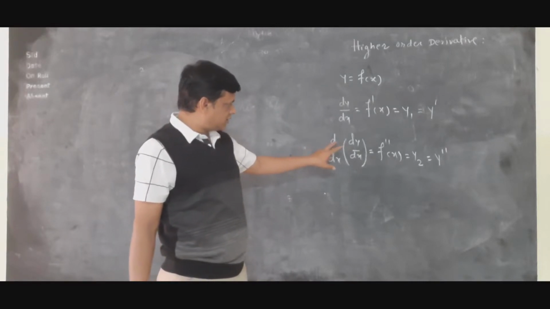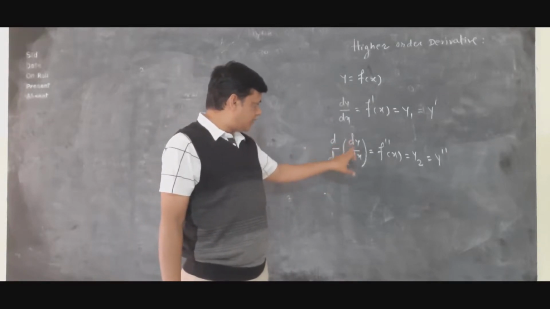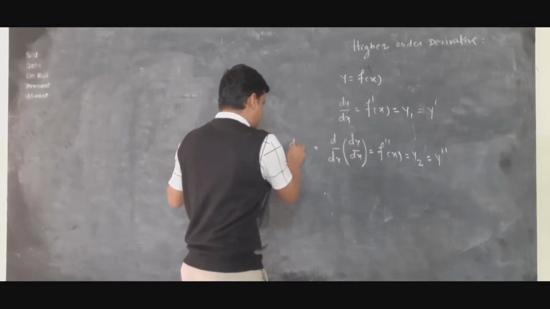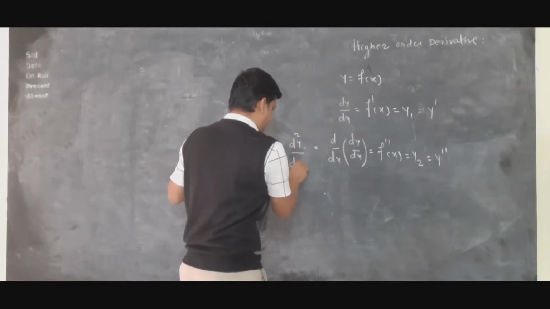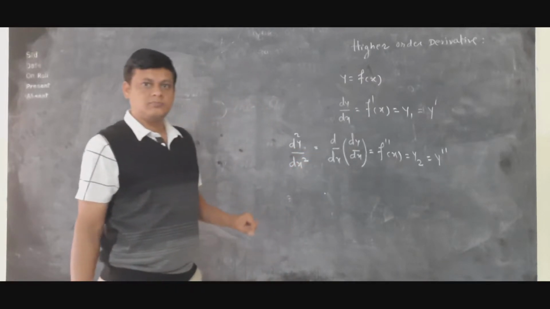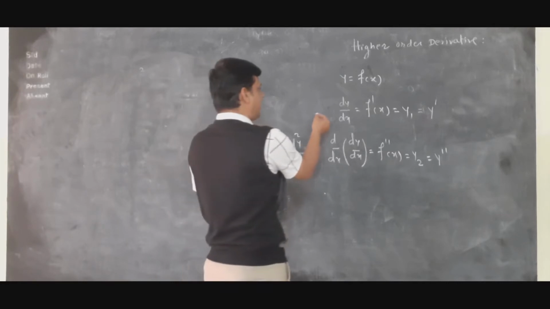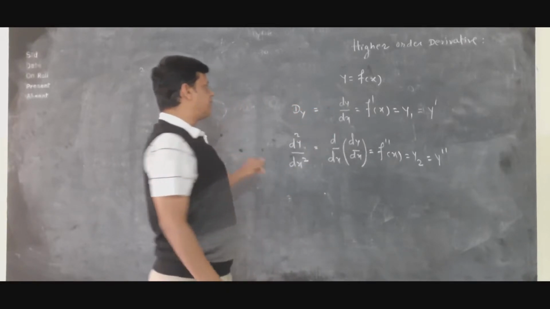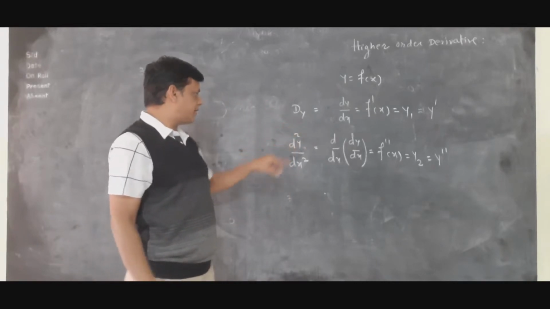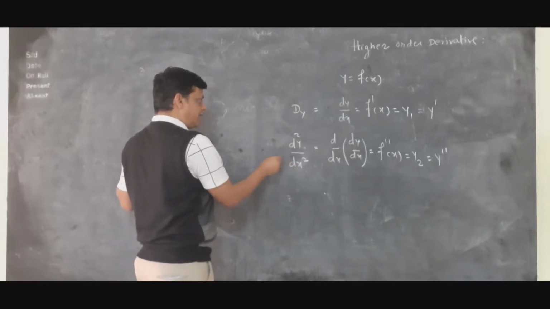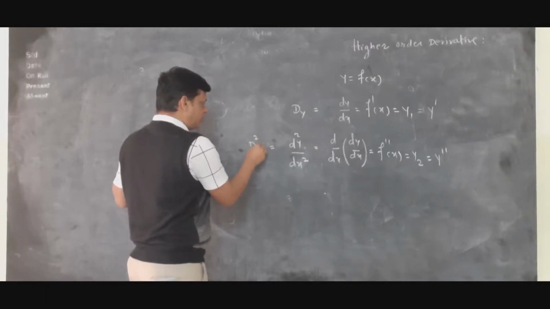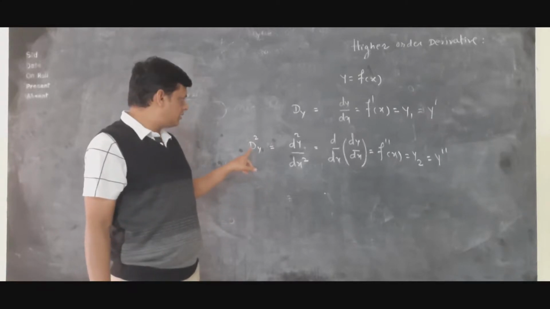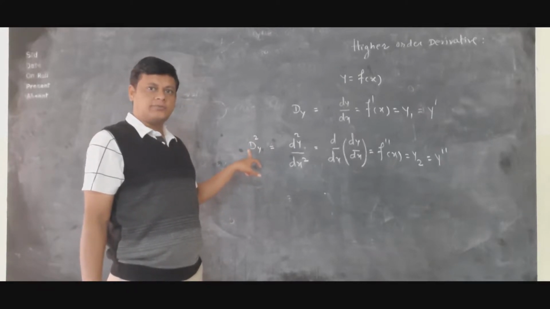This d by dx of dy by dx we also write as d2y by dx2. So these are the notations for the second order derivative.